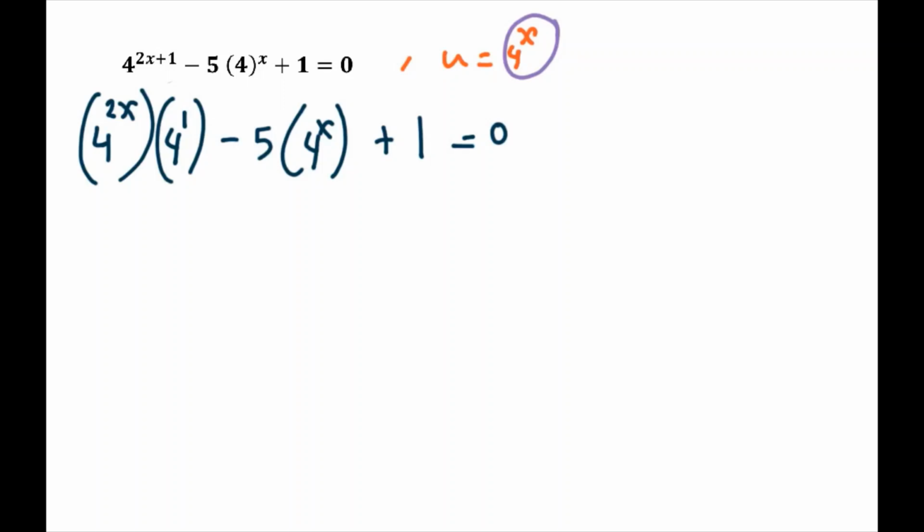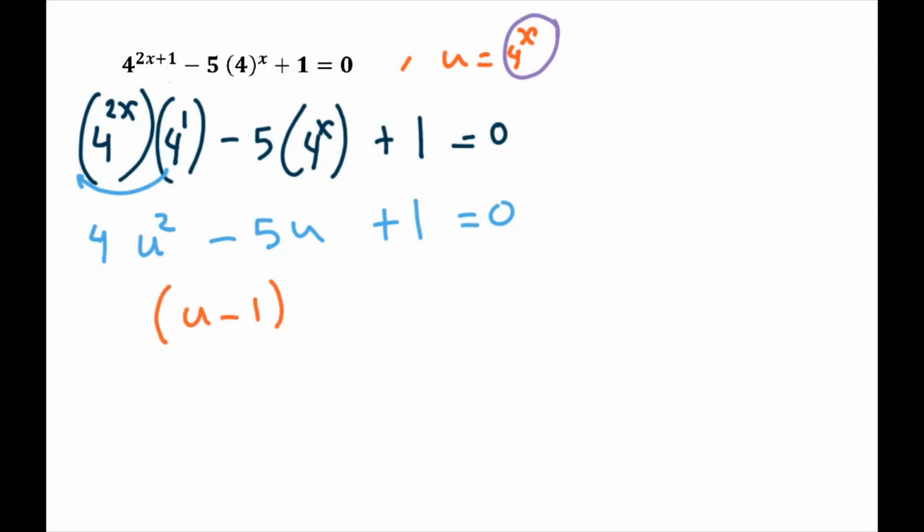And here, when you have u, I will put 4 to the power of 1 first: 4u squared minus 5u plus 1 equals 0, because usually we have the number before the variable. Now you can factor it, and that's going to be 4u minus 1 times u minus 1. u equals 1 or u equals 1/4.